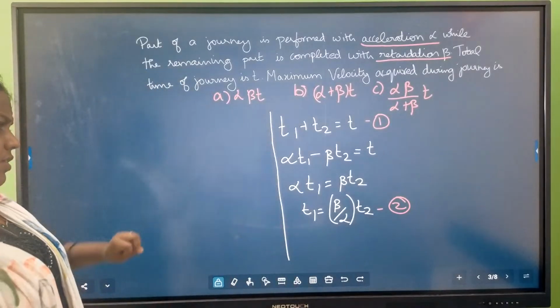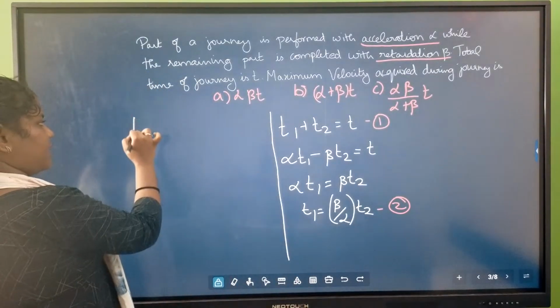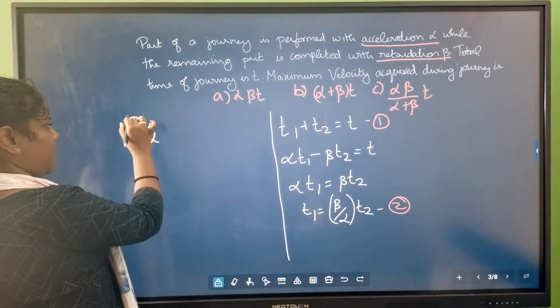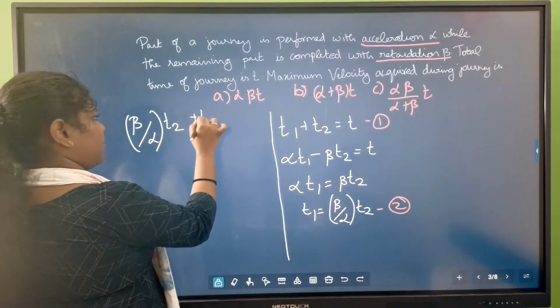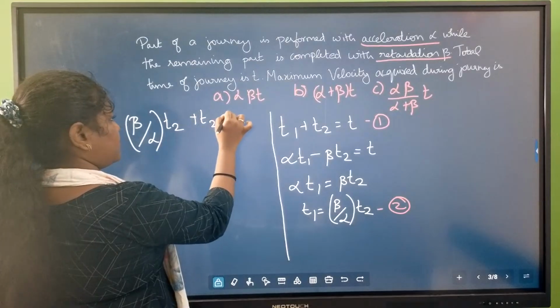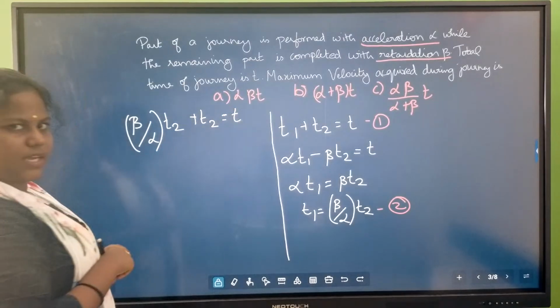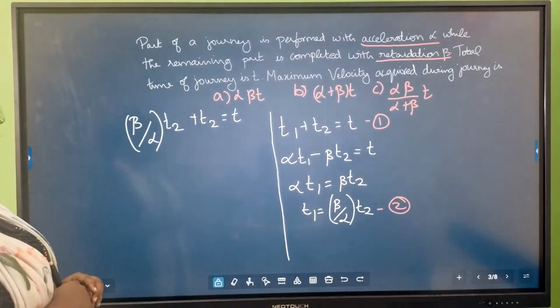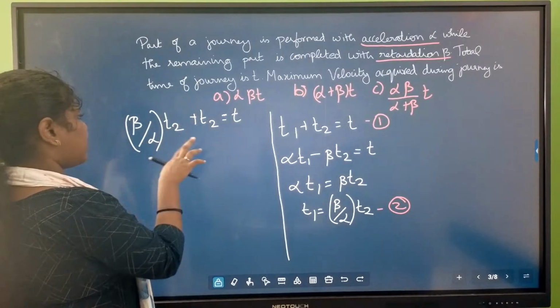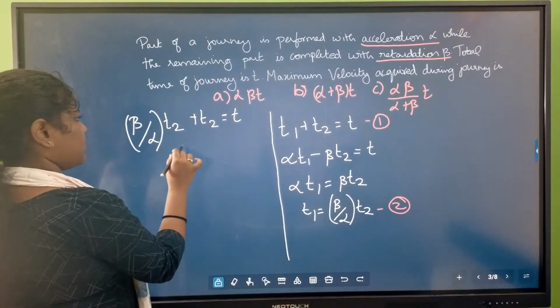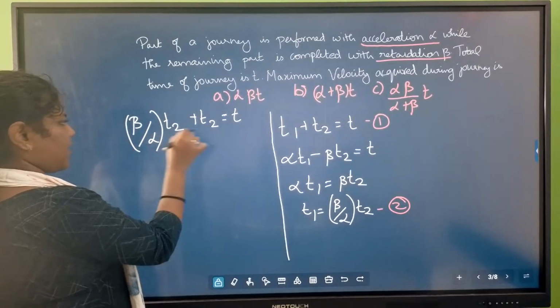So அத T1 ல சப்ஸ்டிட்யூட் பண்ணோம்னா you get beta by alpha into T2 plus T2 is equal to T. அதான் நம்மளோட total time. It is a conserved quantity. So இப்போ இதுல you can take LCM, right?